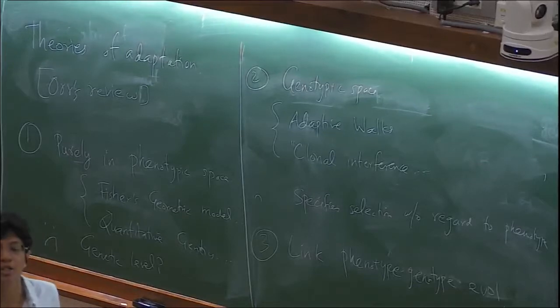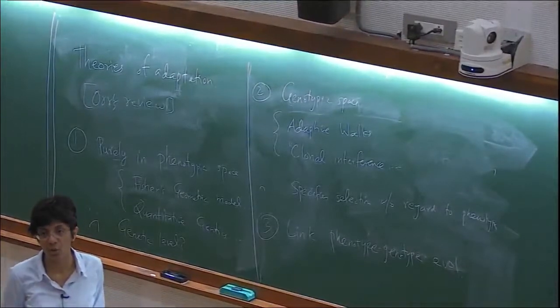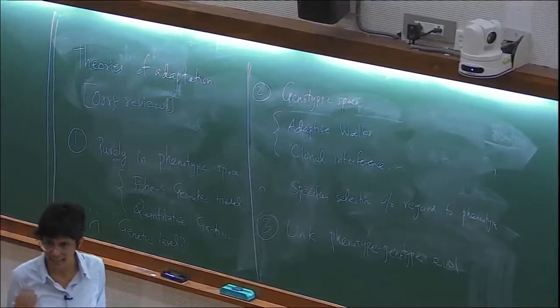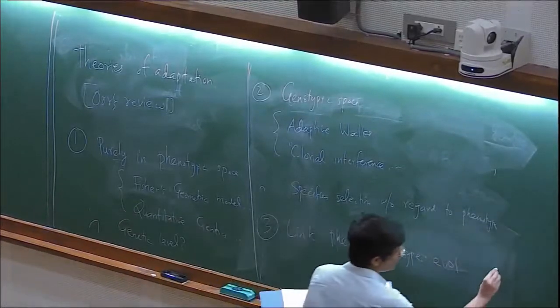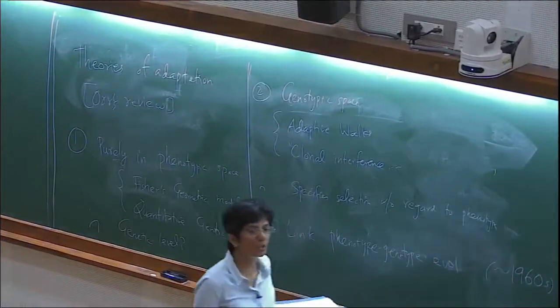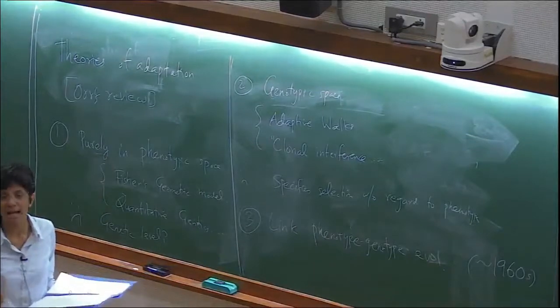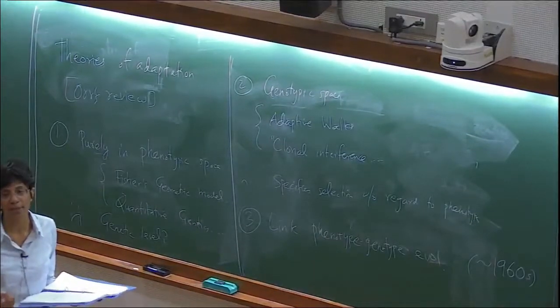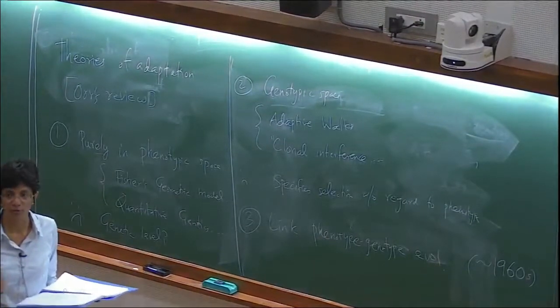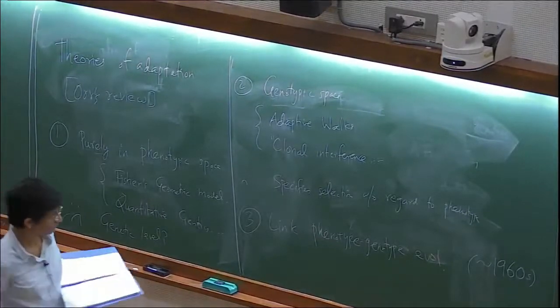There is a long tradition in population genetics that worries about this question of how to understand phenotypic evolution, quantitative evolution, starting from genetics, at least since the 1960s or so, probably even before. Okay, this is not something new. But progress has been slow because these models, as you can imagine, are pretty complicated. They're technically more involved. So progress is slow, but that doesn't stop us from trying.